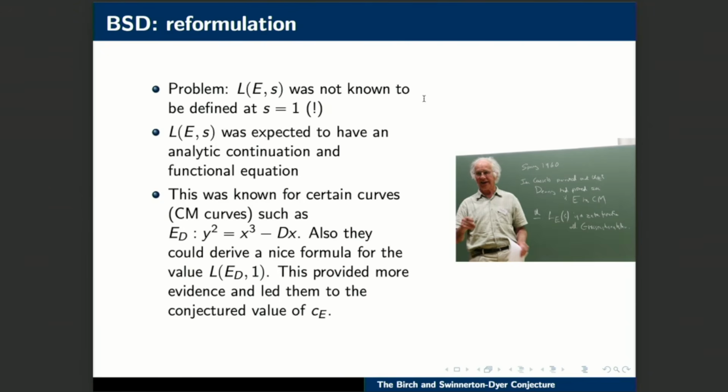They could do a lot more precise calculations, and that led them to the conjectured value of the constant that appears in the Birch and Swinnerton-Dyer conjecture. And here's a picture of Birch saying that Ian Cassels pointed out that Deuring had proved that these L functions of these special curves had these properties.